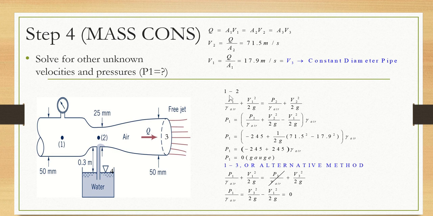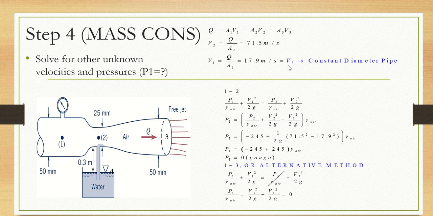If I apply Bernoulli between point 1 and point 2, I would have P1 divided by gamma of air plus V1 squared over 2G is equal to P2 over gamma of air plus V2 squared over 2G. Solving for the pressure at 1 is equal to P2 divided by gamma of air. I know that value. That value is minus 245 plus V2 squared over 2G minus V1 squared over 2G.